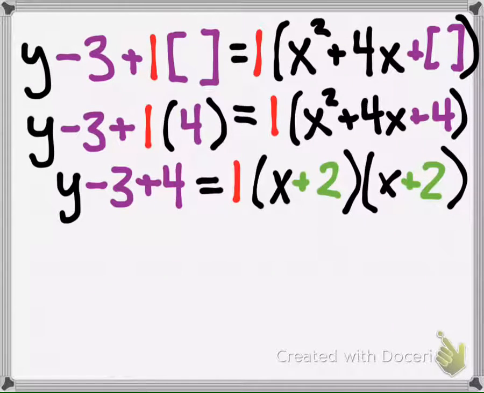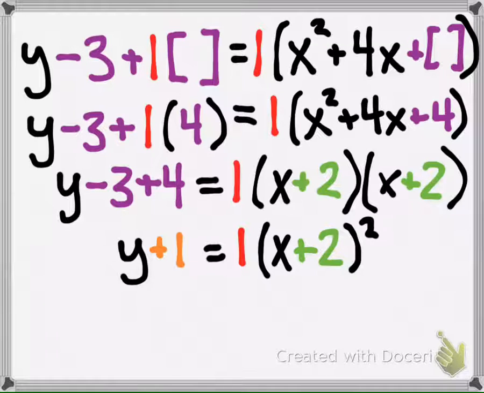Now, if I combine like terms on the left, I get y plus 1, because minus 3 plus 4 equals a positive 1. And on the right side, I have 1 times x plus 2 squared, because I'm multiplying the same term twice, the x plus 2 and the x plus 2, so I can rewrite that as x plus 2 squared.